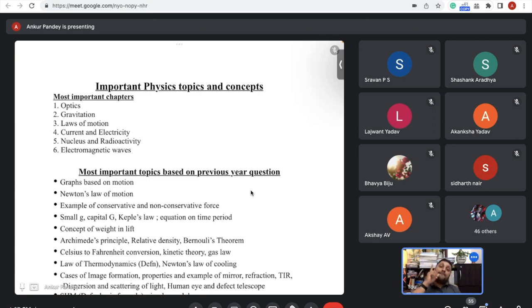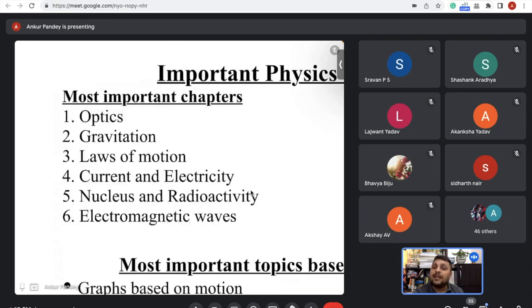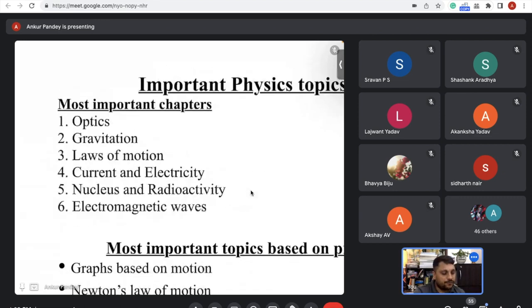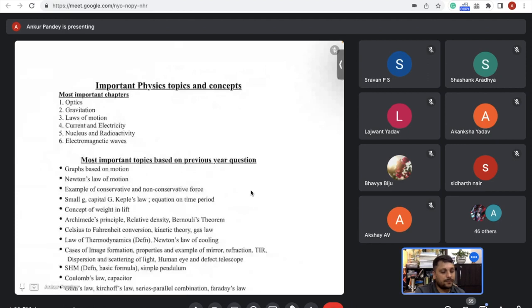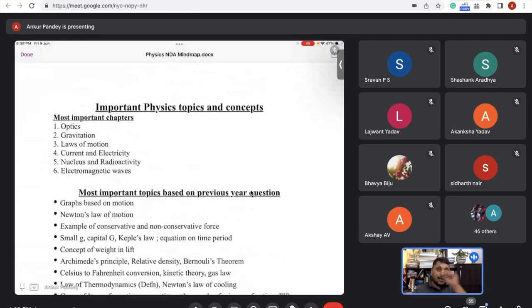Those who have freshly gone to 11th grade, you have got enough time to cover all these 6 chapters comprehensively. It is a very easy task. Make a list. You will be like, sir, please send this PDF now. I will, but you first make a list.